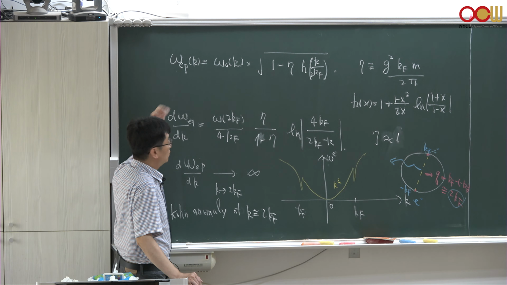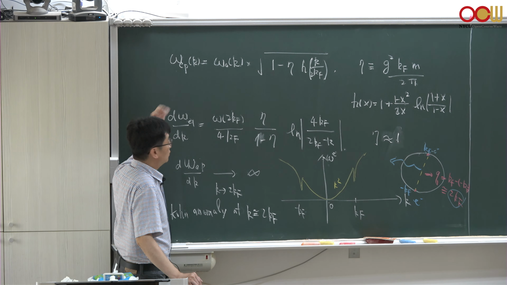of this electron-phonon coupling. This eta was defined earlier when we defined the sound attenuation coefficient, and this h function is given by this complicated log plus 1. When this x, which is defined as k over 2kF, reaches 1, then you get a very sharp slope.